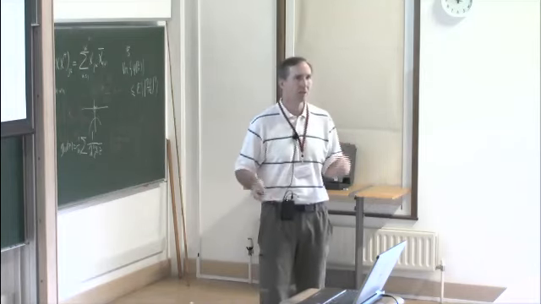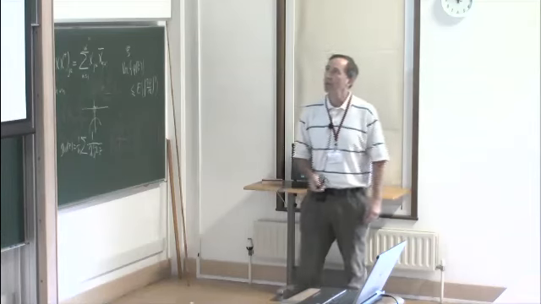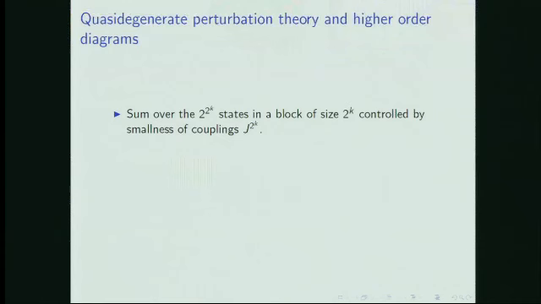That's all standard first-year quantum procedure, and that's just what we're doing here, except that these blocks, of course, can be large or small. The number of states in a block of size 2 to the k is very large, so you're going to end up with sums over these states.